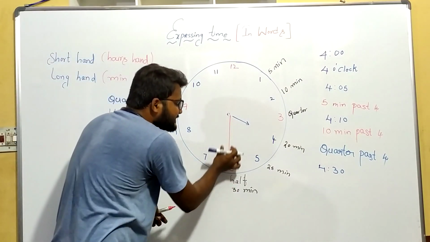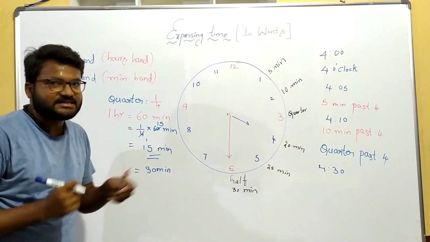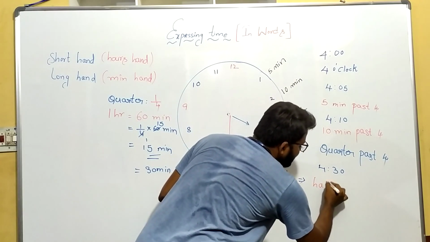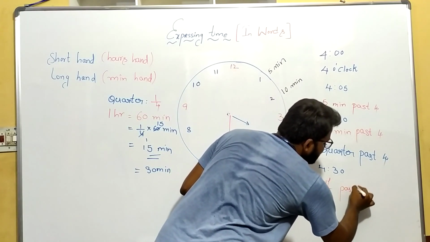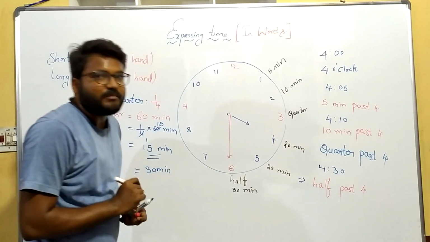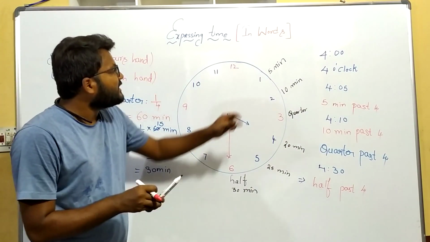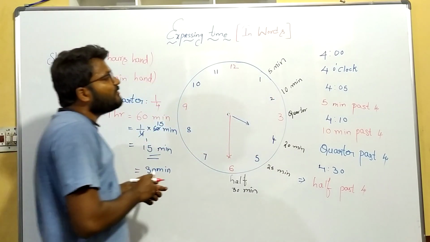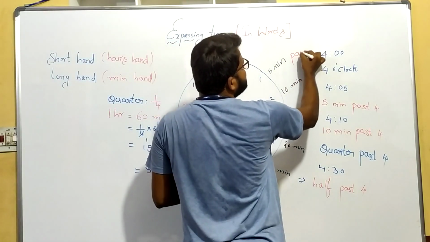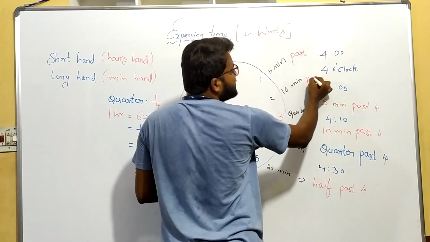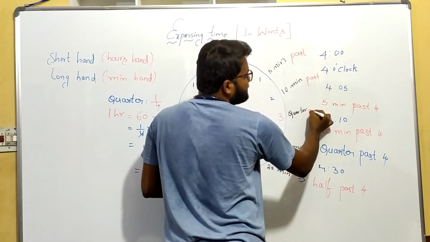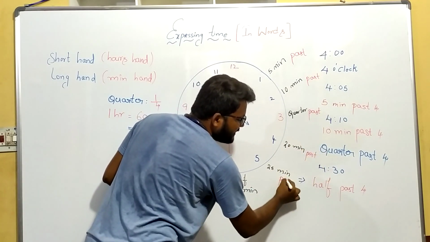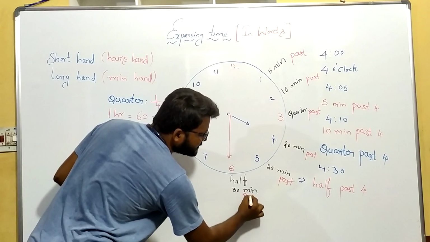When this long hand represents 6, we mention that in words as half past 4. So when the long hand completes this half rotation, we mention that as past: 5 minutes past, 10 minutes past, quarter past, 20 minutes past, 25 minutes past, and half past.